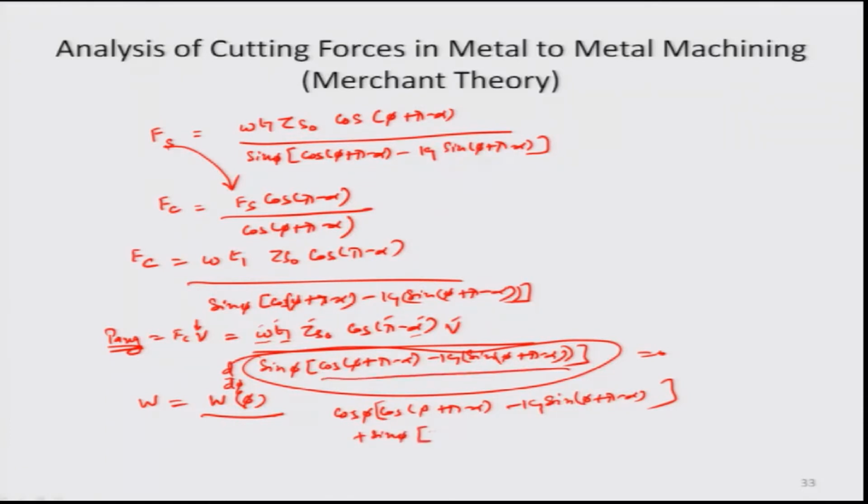So, this becomes equal to minus sine of (phi plus lambda minus alpha) minus k1 cosine of (phi plus lambda minus alpha), and this whole term is equated to 0.